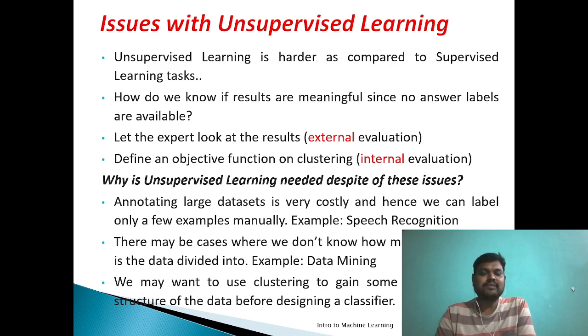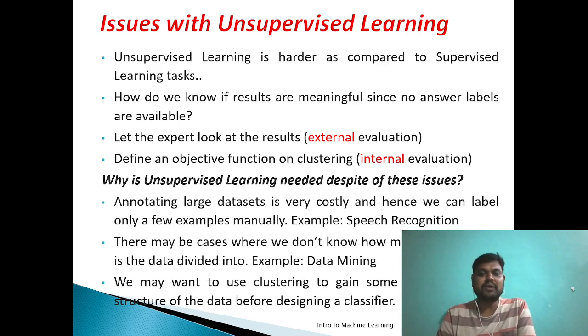So in such cases, we can use clustering or an unsupervised machine learning model to group similar items. After grouping similar items, we can use any machine learning or deep learning models, right?